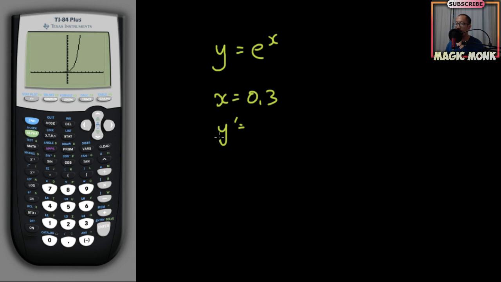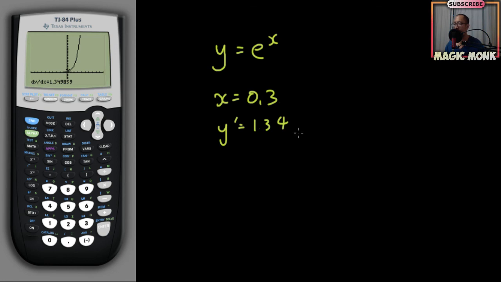So second calc, go to gradient, go to x is 0.3, and you can see when x is 0.3, y dash is 1.34, the gradient is 1.34.